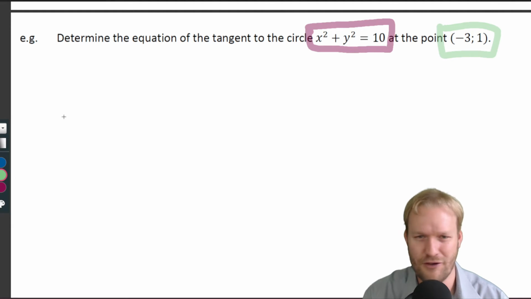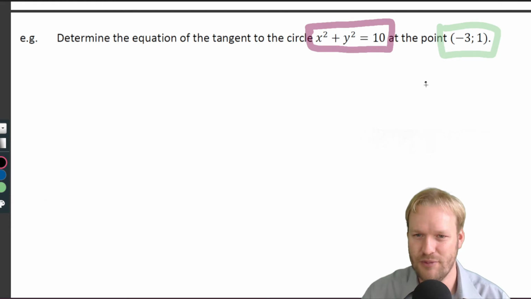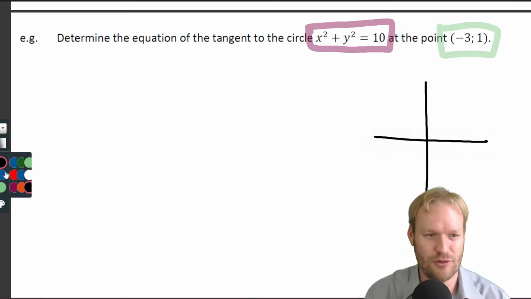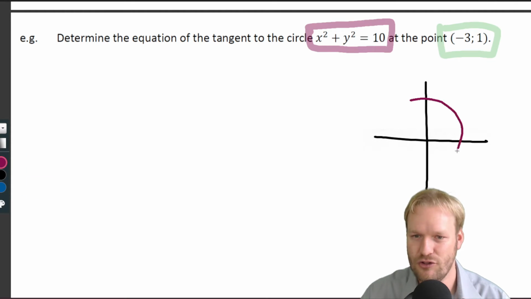Hopefully you see the circle and you go, oh, well, this circle is just centered at the origin. So if you were to draw a quick sketch on the Cartesian plane, you might go, well, that's not going to be too bad. I just draw up a set of axes here and I can draw my circle, it looks something like that.